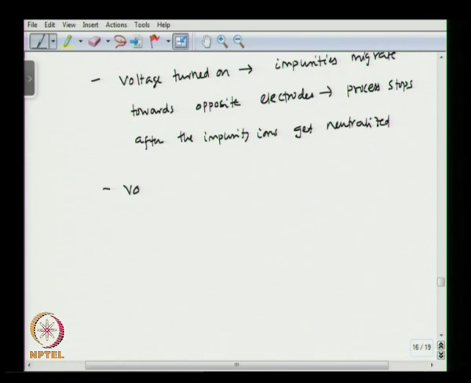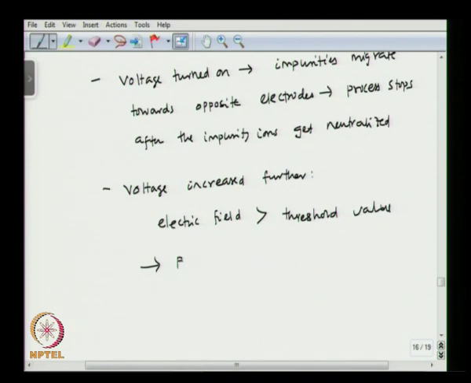And if the voltage is increased further and the electric field is greater than the threshold value, then we have emission of electrons from the emitter.